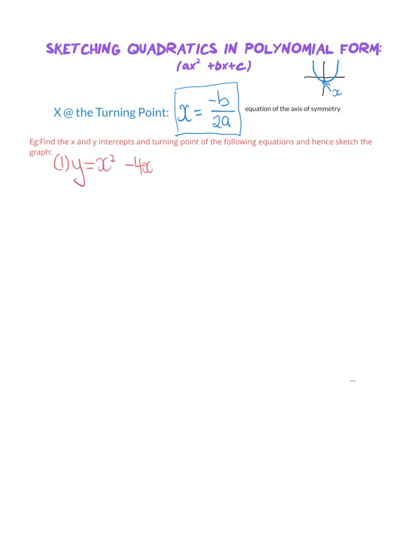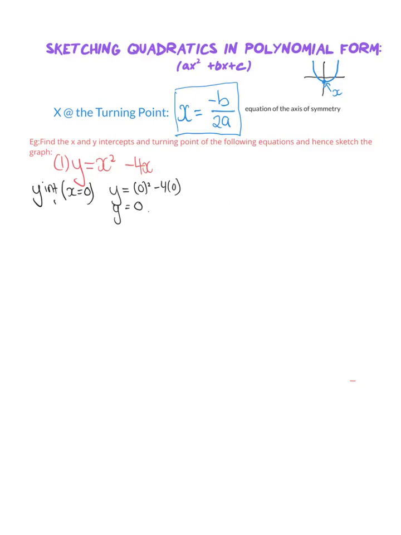Okay, so the first example here, we've got y equals x squared minus 4x. So we are going to find the y-intercept first. And the y-intercept, as we know, is when x equals 0. So into that equation, if we put x equals 0, we'd have 0 squared minus 4 times 0, so that y equals 0.